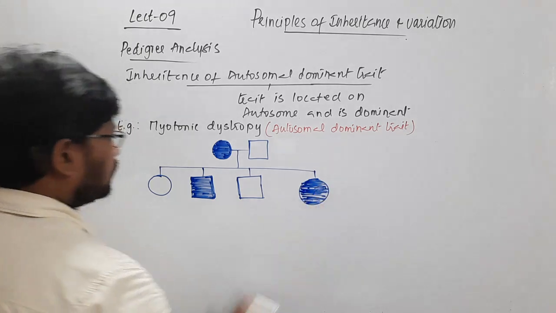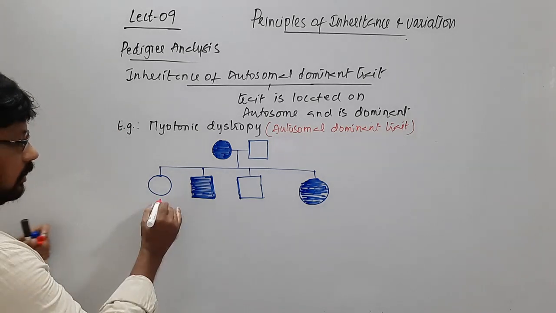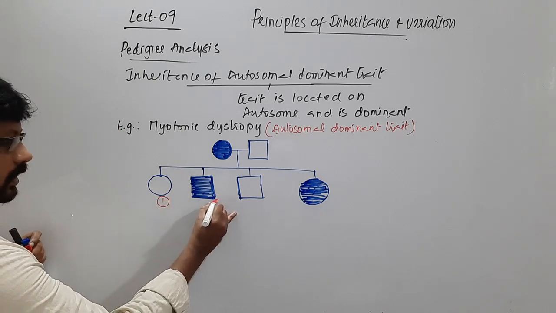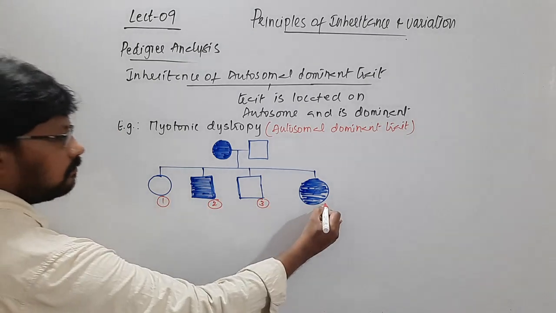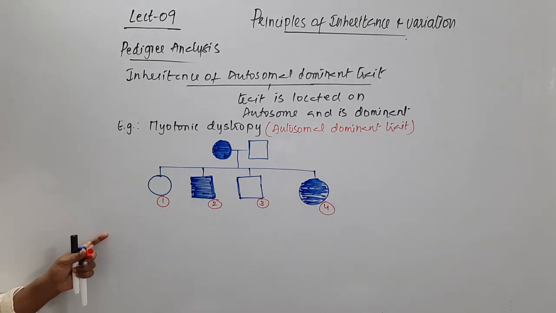Here I'll just mention the birth order: the eldest is the first, then the second, third, fourth, from left to right. So there are 4 children in total, 2 sons and 2 daughters in this family.